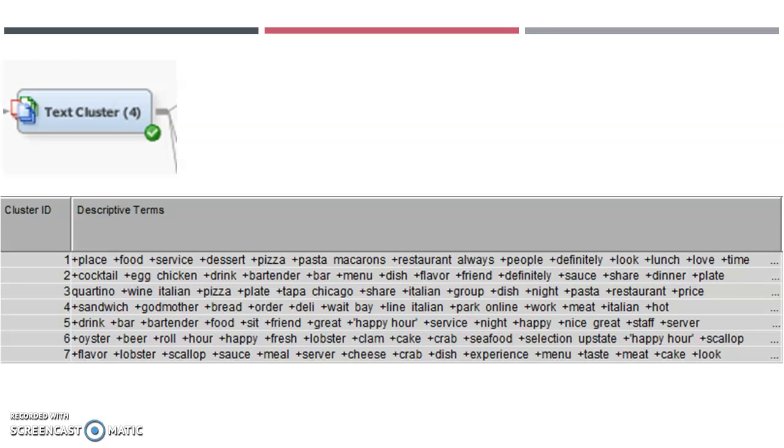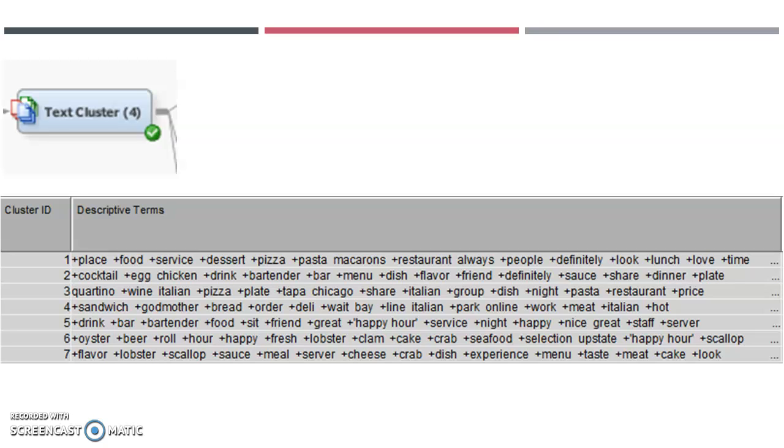And to continue with text cluster 4, you can see the term results that we got for all the clusters. But you can see cluster 1 has terms like place, food, service, dessert, pizza, pasta, macaroons, restaurant, always, people, definitely, look, lunch, love, time. And that actually, remember, came from 26% of the results.